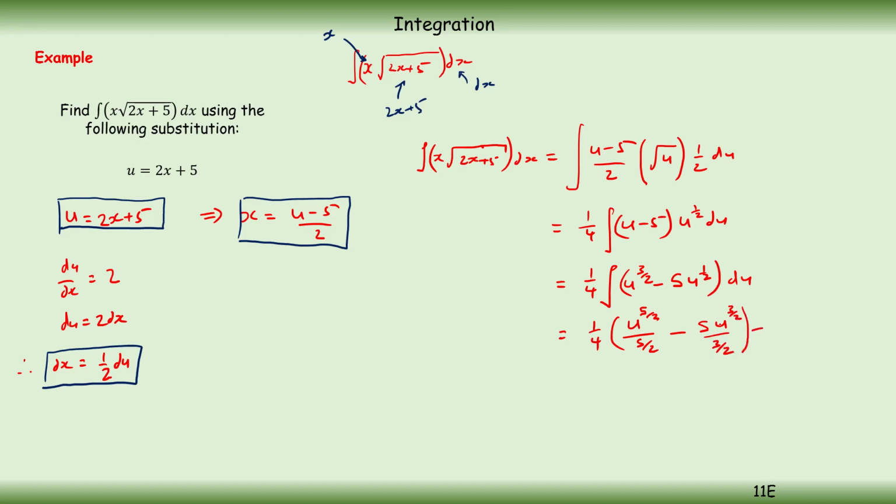Let's close the brackets there because the quarter affects that, and don't forget your constant. Simplifying, that gives us a quarter of 2/5 of u to the power of 5 over 2 minus 10 over 3 u to the power of 3 over 2 plus our constant.